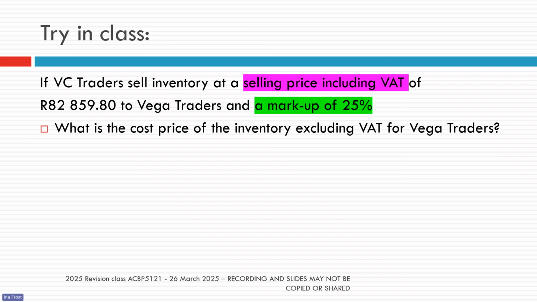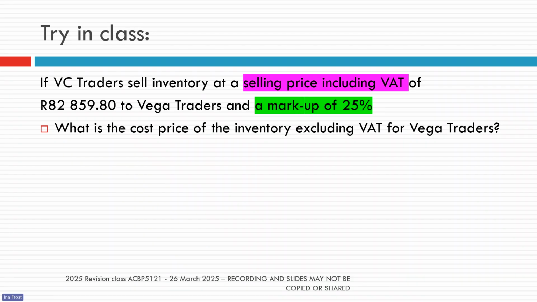Okay, so lastly, and this was a question one of our students had earlier: what if we combine markups and VAT, or gross margins and VAT, all into one question? Let's see if you can do this question at home.